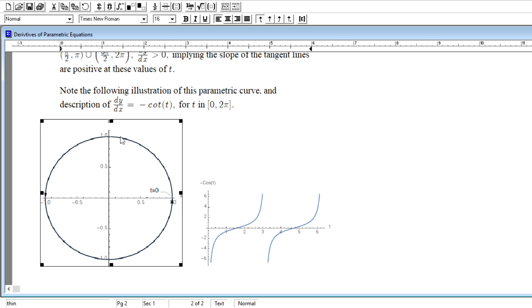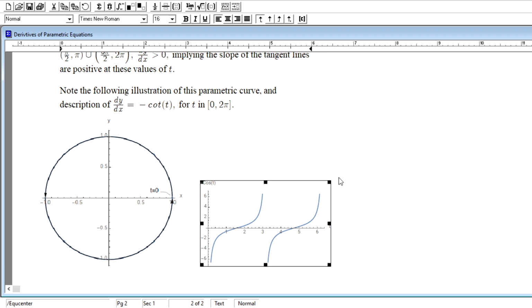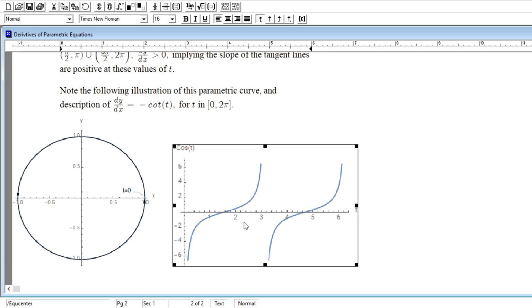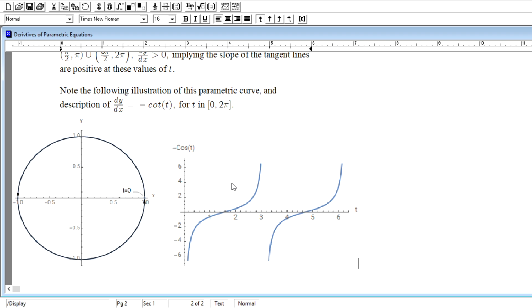From 0 to pi over 2, and from pi to 3 pi over 2, we will have negative slopes. And from pi over 2 to pi, or 3 pi over 2 to 2 pi, we will have the case for positive slopes. All summarized by this graphical description of negative cosine of t with respect to t.